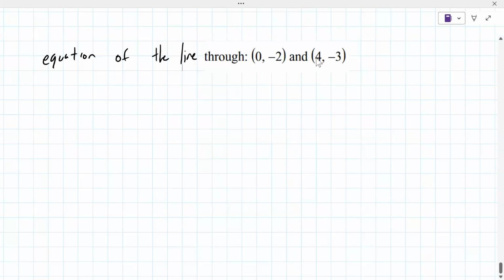That we did earlier in the lesson. You can find the slope. So will you find that slope for us, please?